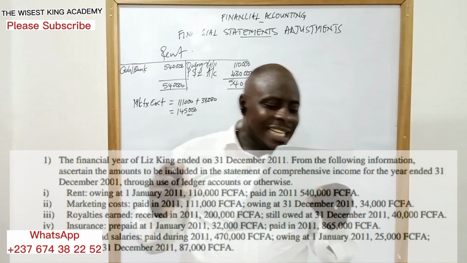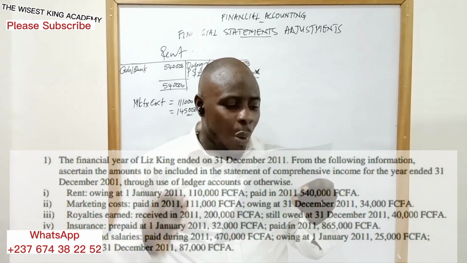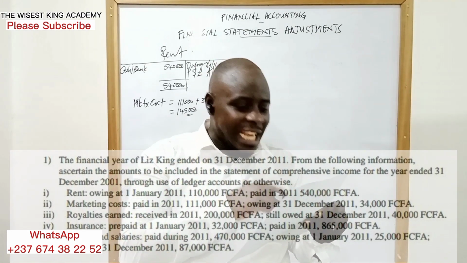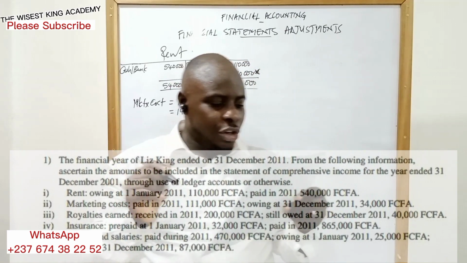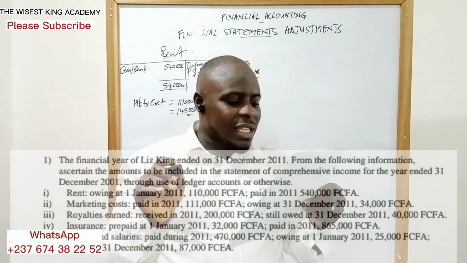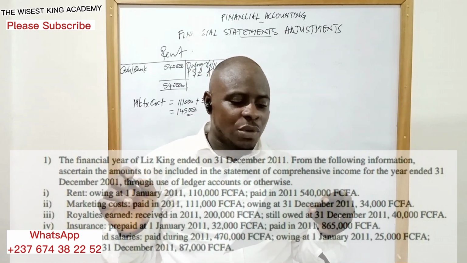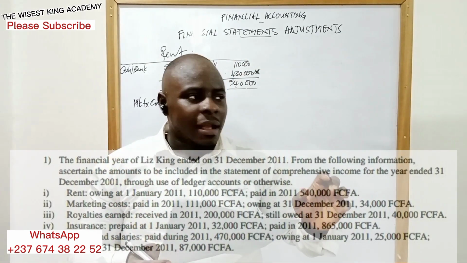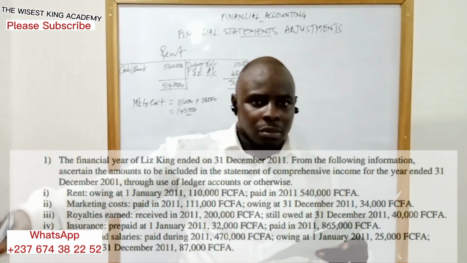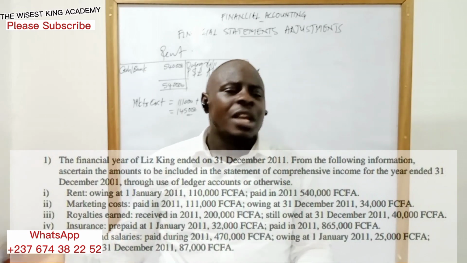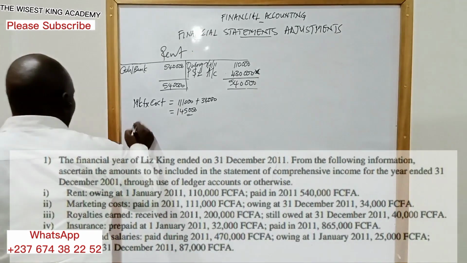Next one, royalties earned. So you can see this one is an income now. Royalties earned. Received in 2011, 200,000 francs. Still owing at 31st December 2011, 40,000. So there was still an income owing, and this is an accrual at the end of the period. It is simply added.